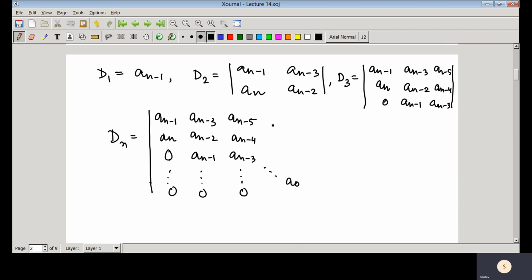So we can form those determinants, and according to that criterion, all of those determinants, that is D1, D2, D3 up to Dn, all of them should be positive.